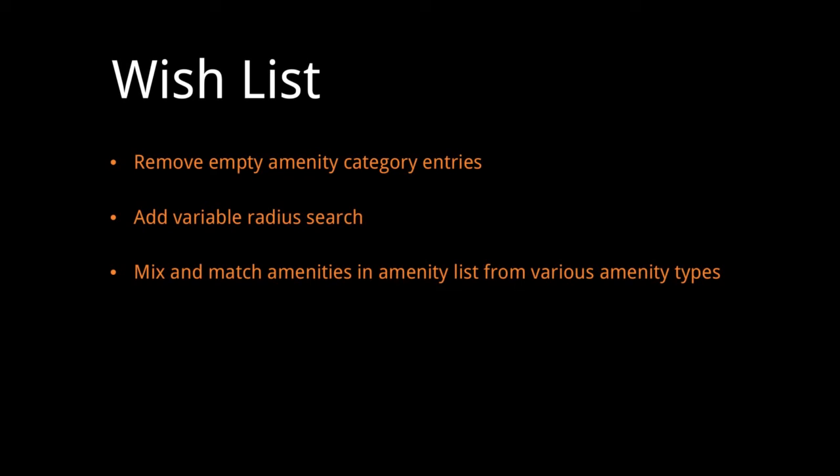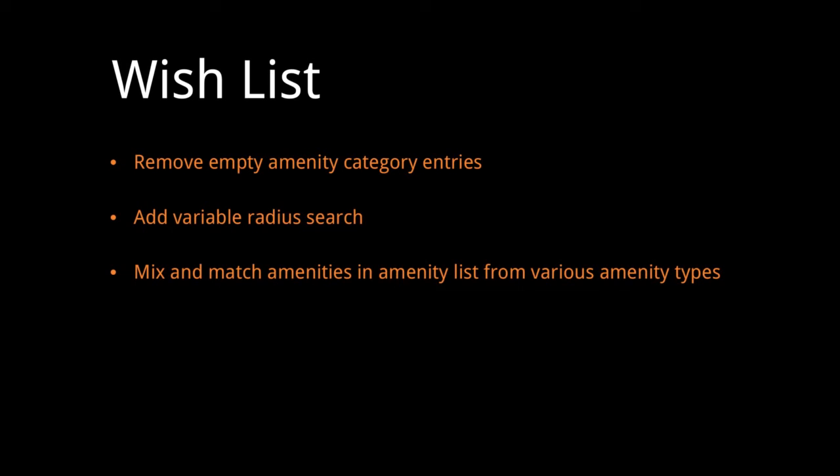And one of the last shortcomings and things I wish could be implemented for this feature is a mix and match type of functionality for the neighborhood amenities feature. Because when you select an amenity and add it to the list of amenities so you can look at their details, you can only really select amenities within a given type. Once you switch to another type, the amenities in that list are deleted.